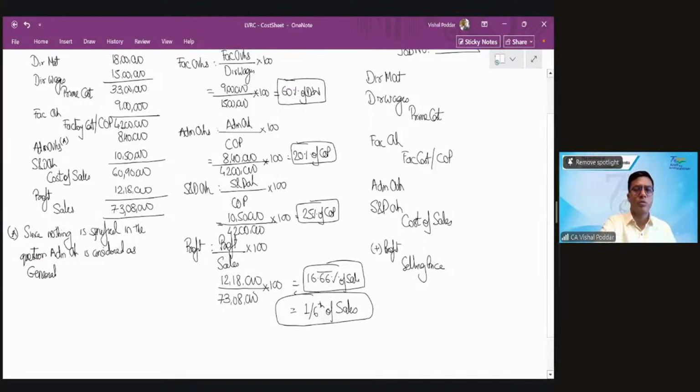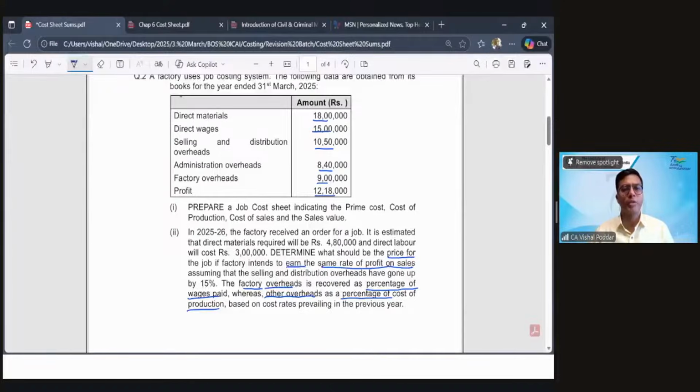Now, once I have derived my charging rates, I will use this to find out the cost of that new order. They are expecting that your direct material and direct labor will be this much, and they want you to earn the same rate of profit on sales.